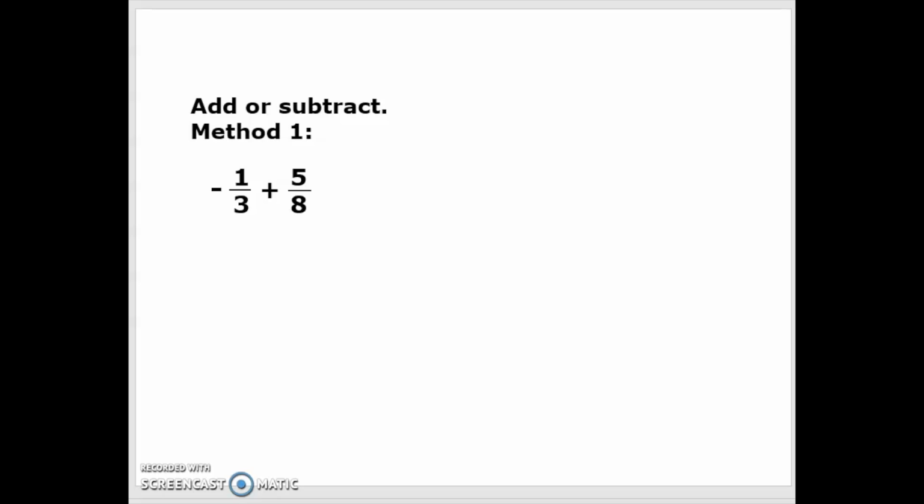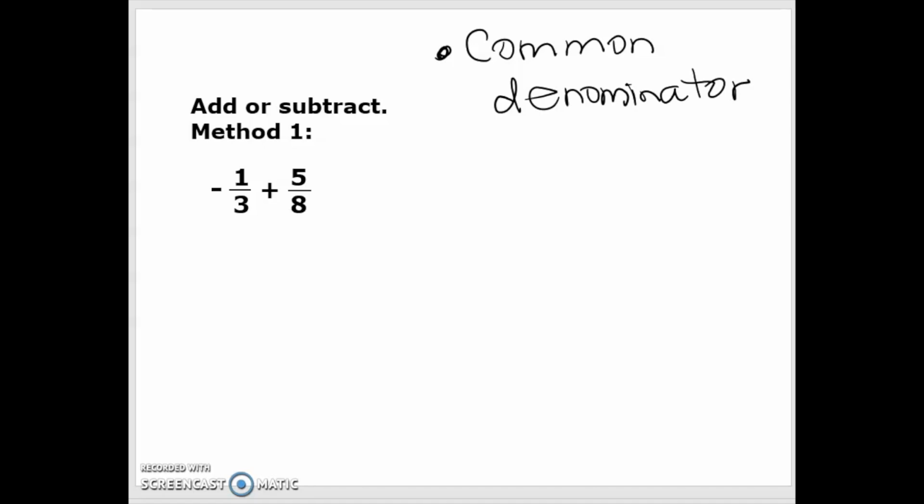So again, before we do anything else, we need to find that common denominator. We do not want to do anything before we worry about denominators, because we might not even know which fraction's bigger yet or be thinking about the signs.